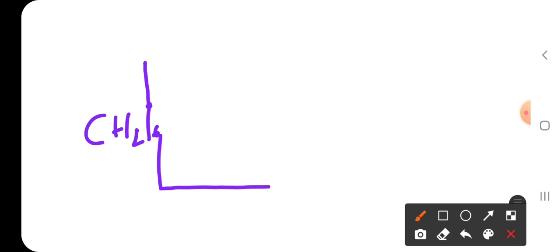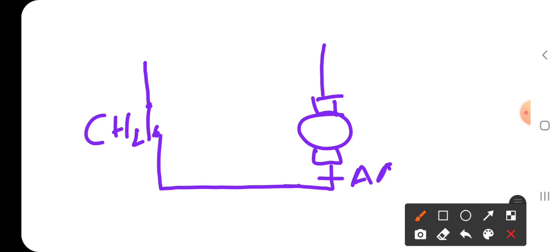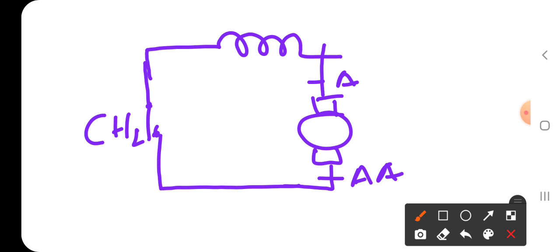The circuit diagram is as shown in the figure. Just draw the circuit. This chopper 2 is turned on, and the current is supplied by the motor. The inductor stores the energy in the reverse direction.